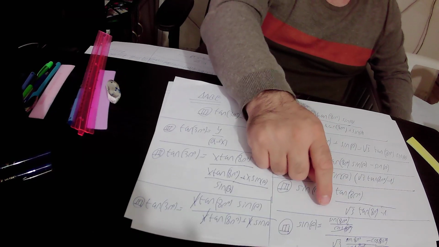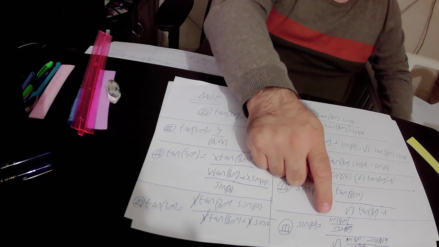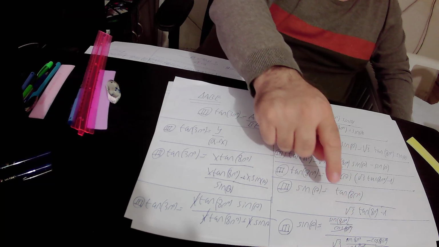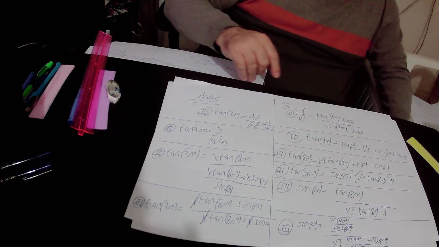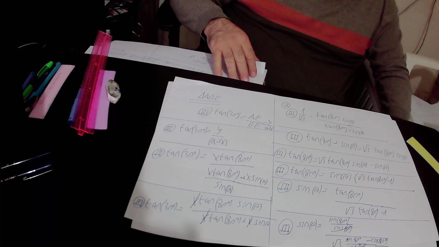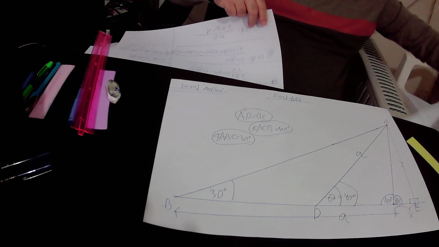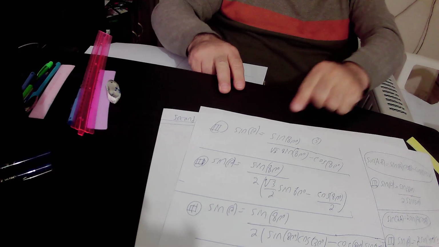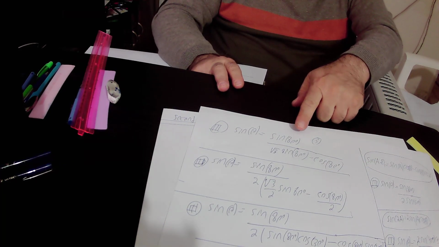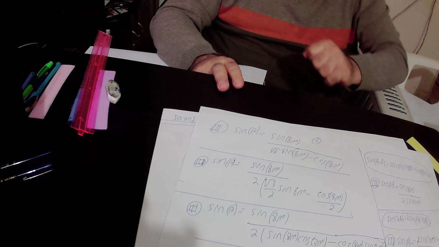Here we have cosine 80 degrees in the numerator and cosine 80 degrees in the denominator. So cosine 80 degrees will get cancelled, and what is left is sine theta equals sine 80 degrees over square root of 3 times sine 80 degrees minus cosine 80 degrees.